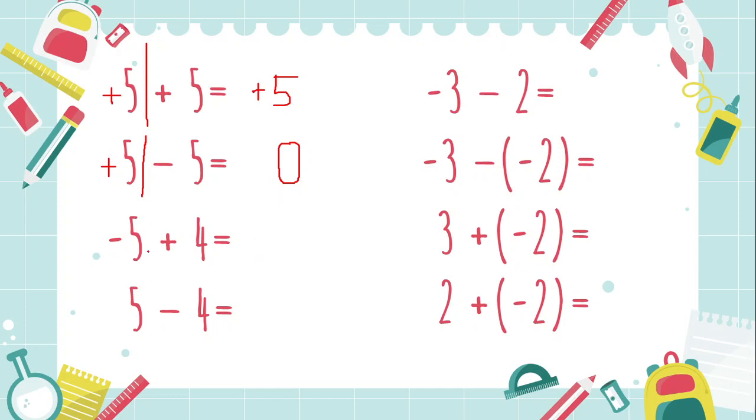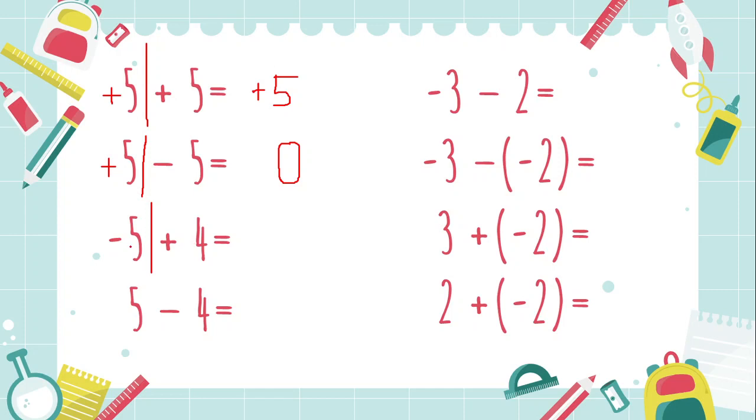Next, we have here negative 5, positive 4. Both numbers have a sign on its left side. So let's separate the two numbers. So we have now a negative 5 and a positive 4. If we have numbers with unlike signs, all we need to do is to subtract them.